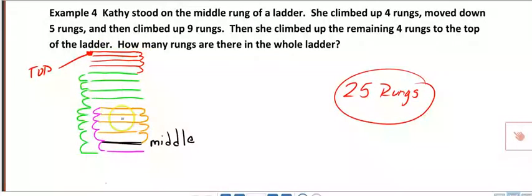Once I had all those marks for each rung, I was able to see where my middle point was, count how many rungs I had above my middle point, assume I had that many below, so I had 12 rungs on top, 12 rungs on the bottom, and the one in the middle gave me 25 rungs.